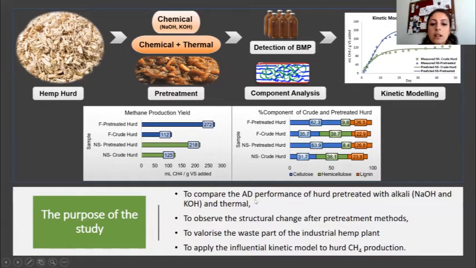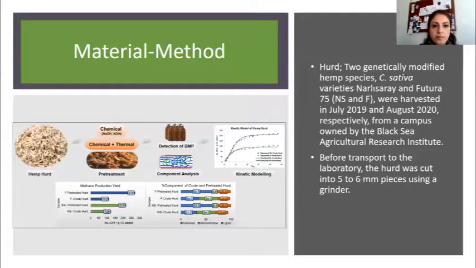So, to compare the AD performance of hurd pretreated with alkali, sodium hydroxide and potassium hydroxide, and thermal; to observe the structural change after the pretreatment methods; to valorize the waste part of industrial hemp plants; and to apply the kinetic model to hurd methane production.